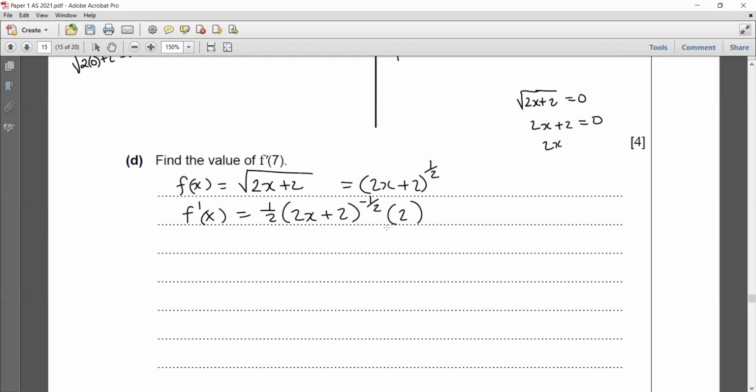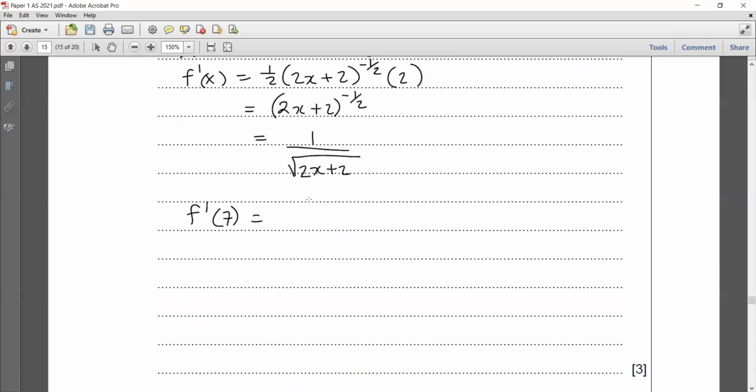So this half times 2 will just give me 2x plus 2 to the power of minus a half, and this is just 1 over the square root of 2x plus 2. Then you can substitute 7 in there.